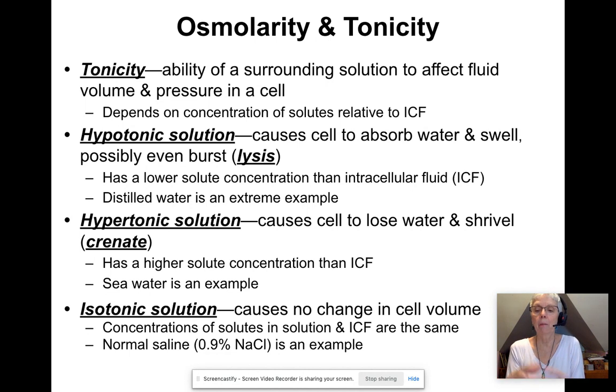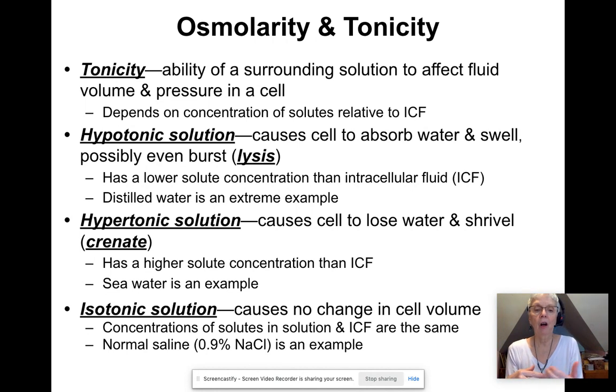It might even burst. The word we use for burst in anatomy and physiology is lyse. So if you have a lower solute concentration in the extracellular fluid, distilled water is going to just rush in and it is going to burst that cell.